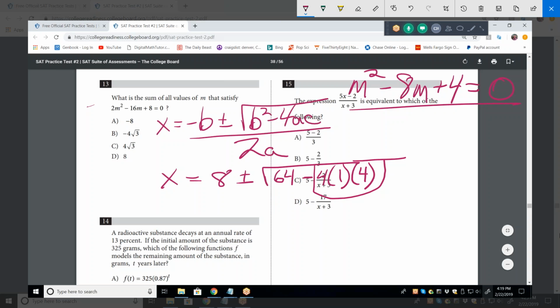But the order that you do this calculation matters. I've seen so many students make mistakes because they tried to do the whole thing at once. They started with the 64 instead of starting with the 4ac. Okay, I see what you're saying. That is 16. So it's 64 minus 16.